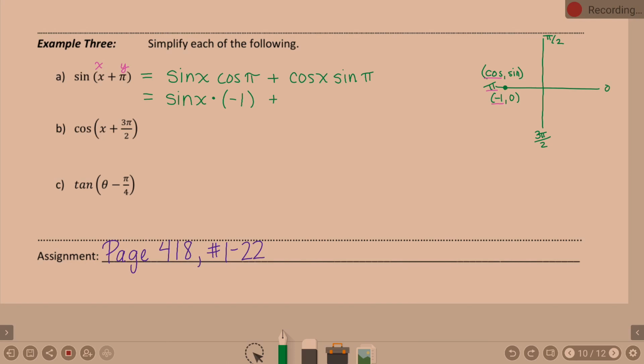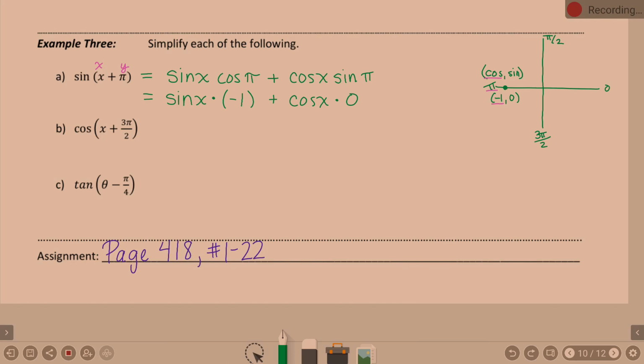Okay. So far we have sine of x times -1 plus cosine of x stays cosine of x. I can't do anything with a variable. What about sine of pi? Sine of pi is 0. Okay. Clean it up.